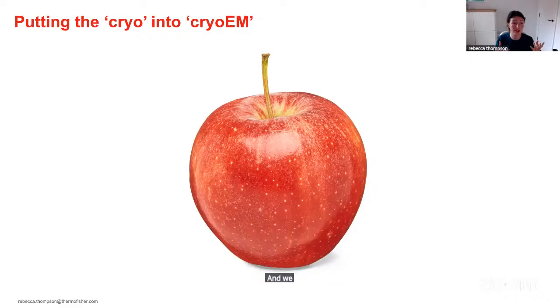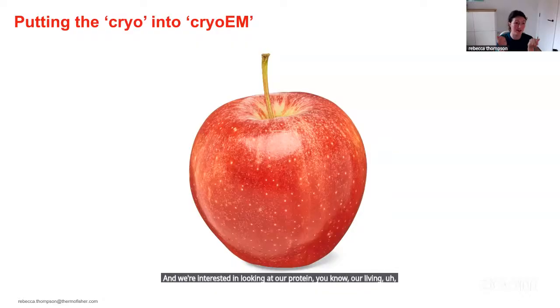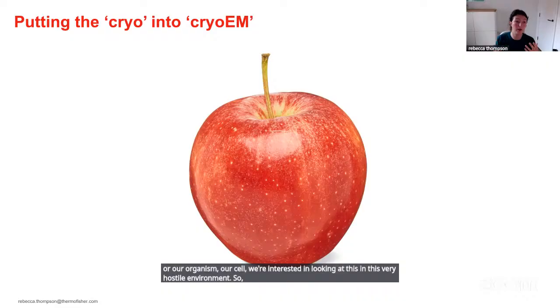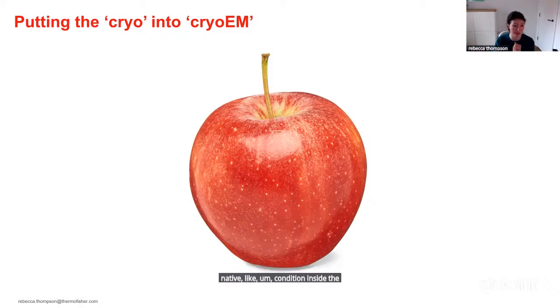And we're interested in looking at our protein, our living organism, our cell. We're interested in looking at this in this very hostile environment. So we can use cryo-electron microscopy to preserve our sample and allow us to look at it in a native-like condition inside the electron microscope.